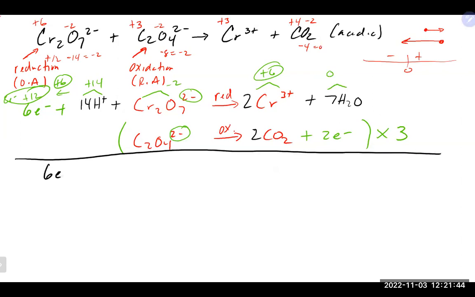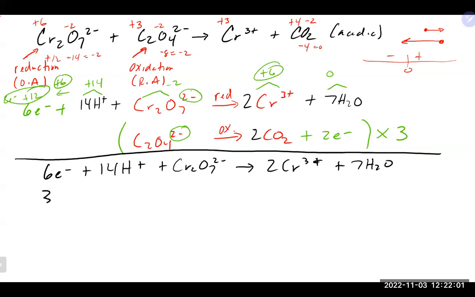So that is 6 electrons plus 14 H+ plus Cr2O7 2-, a couple of these guys here and 7 of those. Well, multiplying that 3 on the bottom there gives us 3 C2O4 2- goes to 6 CO2 and 6 electrons.